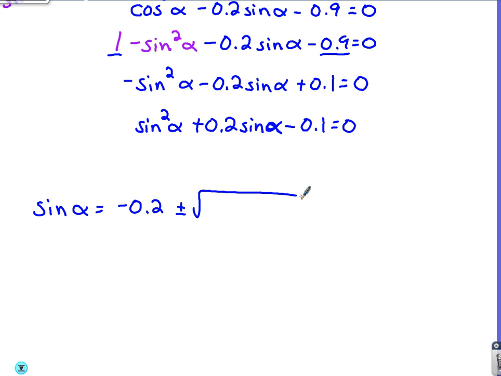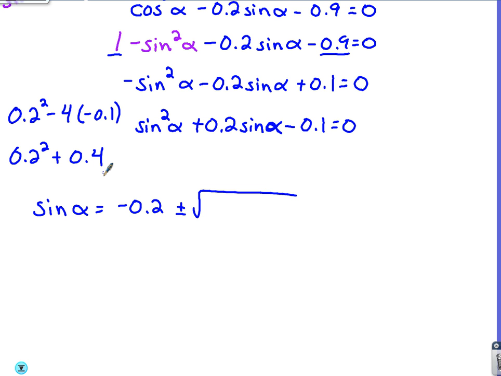Somebody please do that on the calculator for me. B squared minus 4 times a, which is 1, times c, which is negative 0.1. So pretty much 0.2 squared plus 0.4. 0.44.